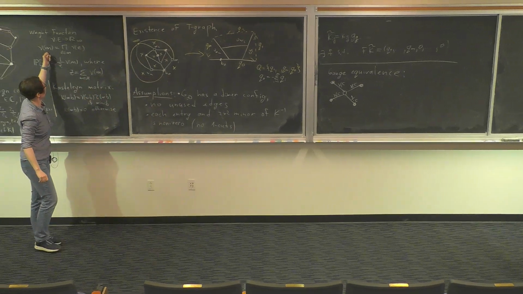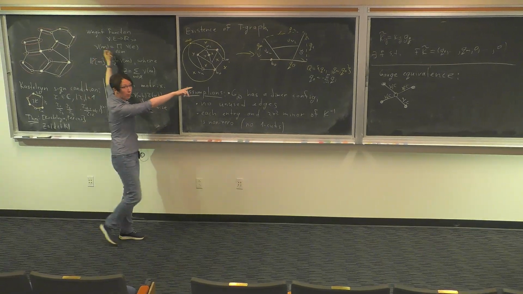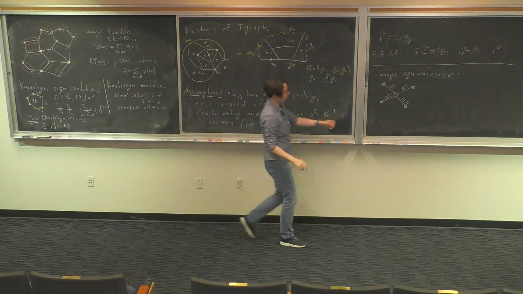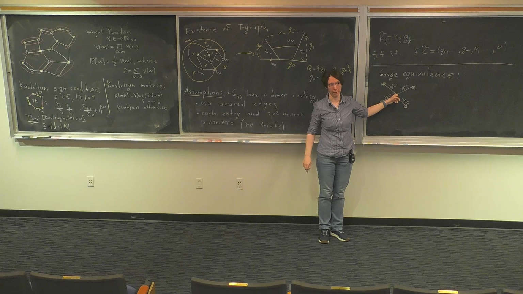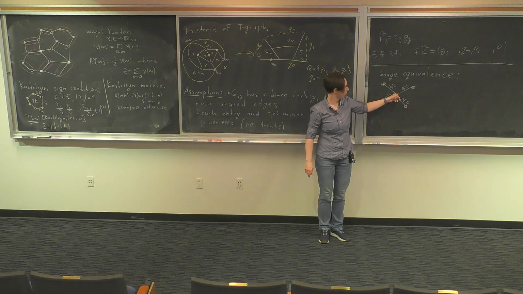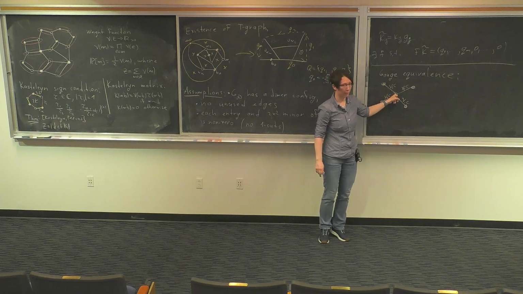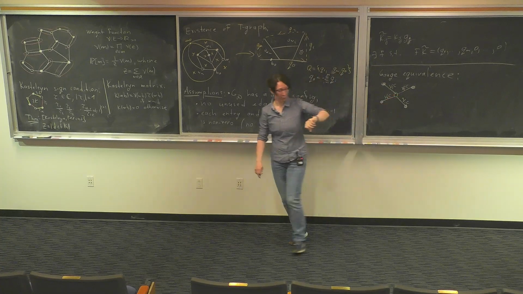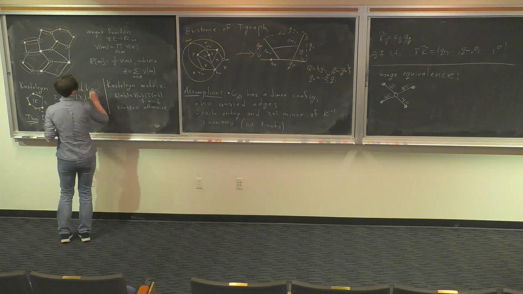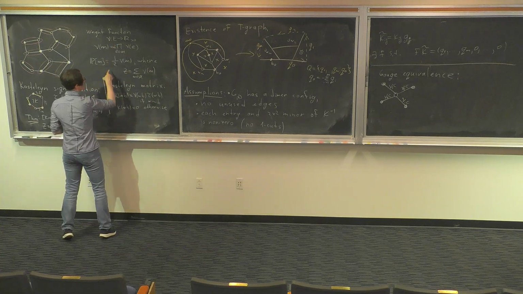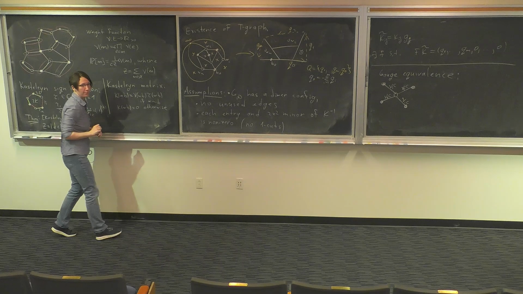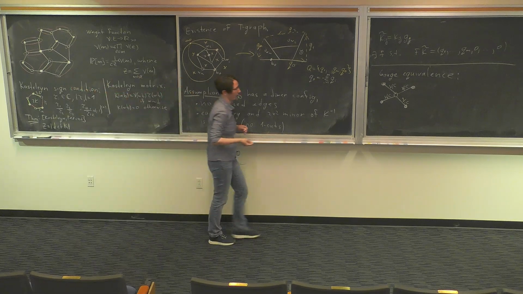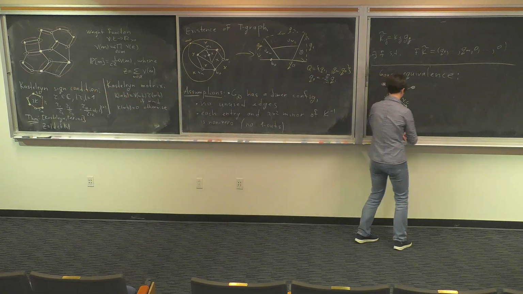Note that each dimer configuration contains exactly one of those edges, because we need to cover this vertex exactly once. Which means that if I multiply all weights around one white vertex by this constant, then every configuration is multiplied by this constant, so it doesn't change the dimer measure.